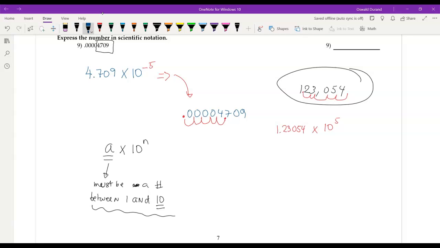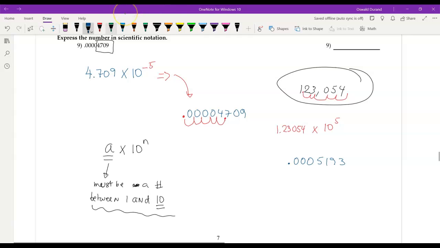Okay? So here's another example. If I had, let's say, 0.00051993, right? Again, I'm going to use the 5193. I don't want any zeros because there's no zero involved.